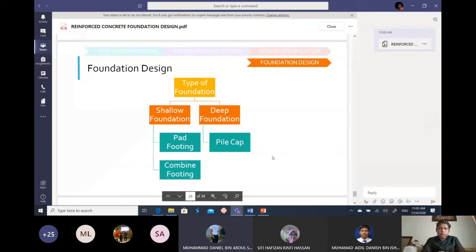Daripada column kan. Footing to ground floor. Yes. Movement macam mana? Tak ada. Kita tak guna moment tu. So kita ambil dia punya NED saja. Yes, kita ambil NED saja.